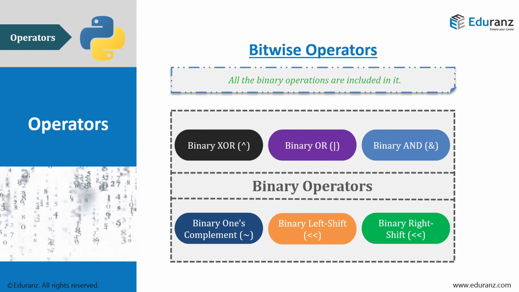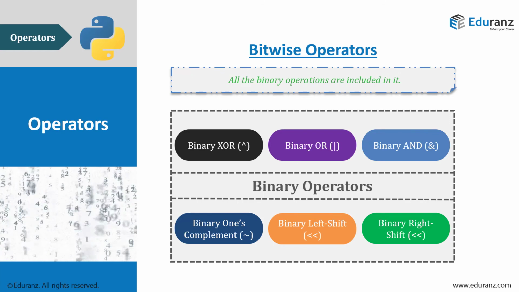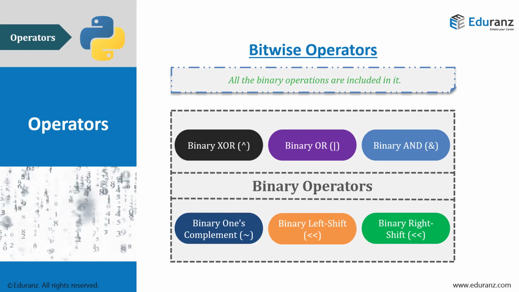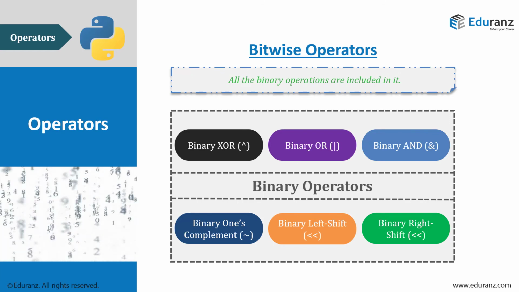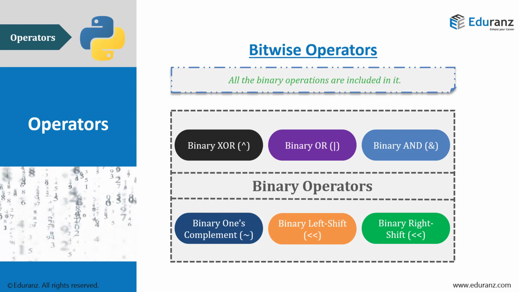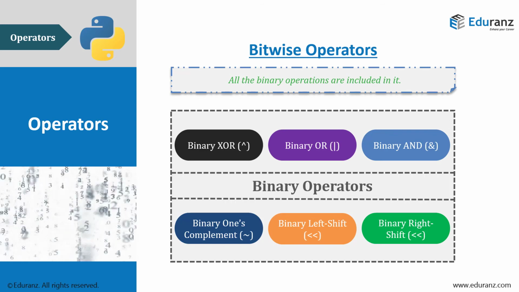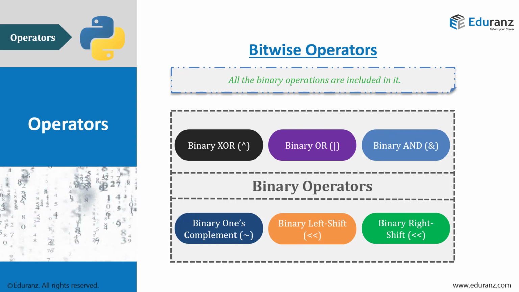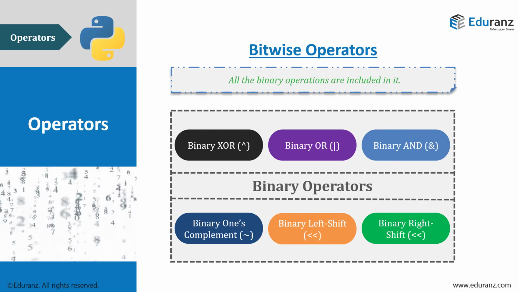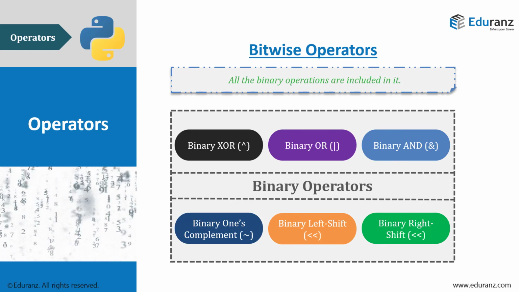What exactly happens in binary AND is that it performs a bit by bit AND operation on the two values. In case of binary OR, it performs a bit by bit OR operation on the two values. And similarly, binary XOR performs a bit by bit XOR, or we can say exclusive OR, on the two values.